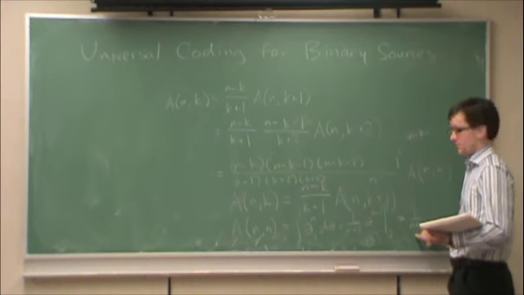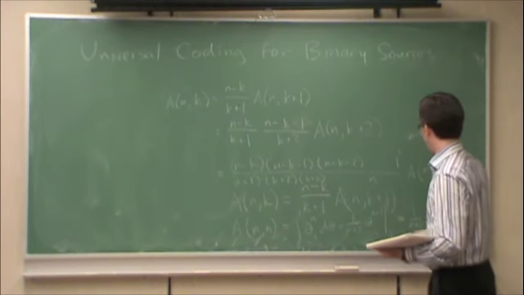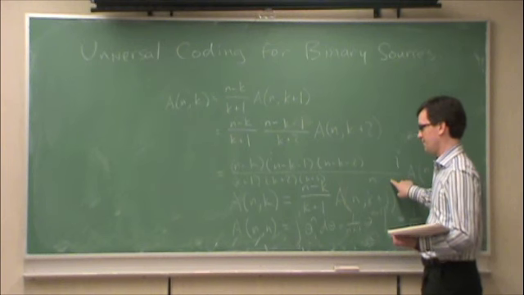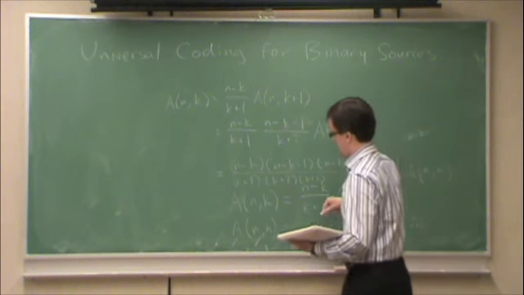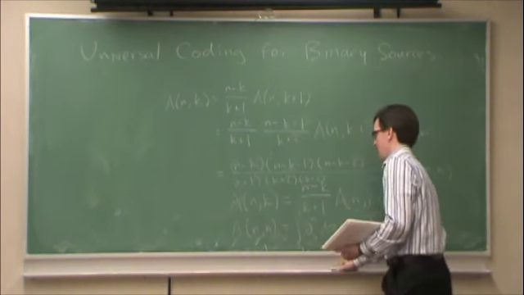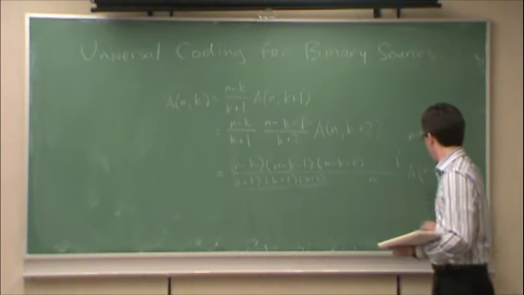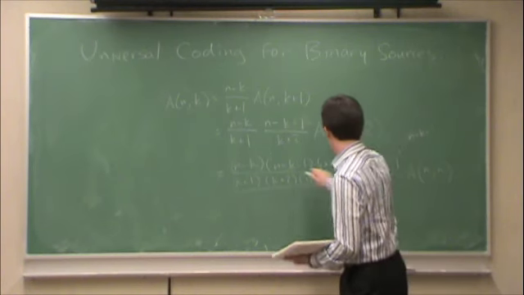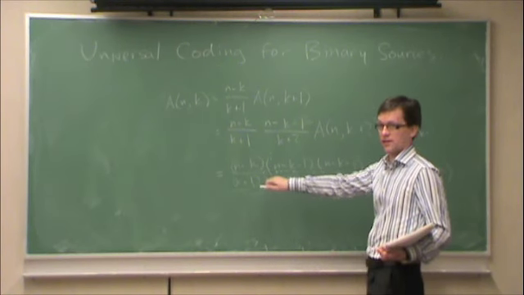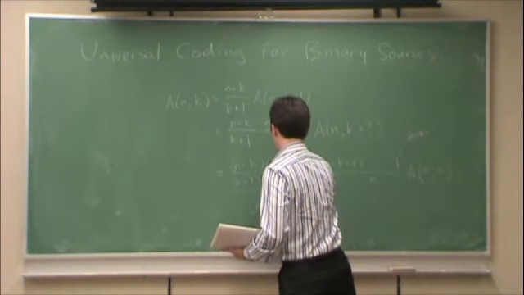which I already know is 1 over n plus 1. So in the numerator, I have n minus k, 1, the product of 1 to n minus k is n minus k factorial.